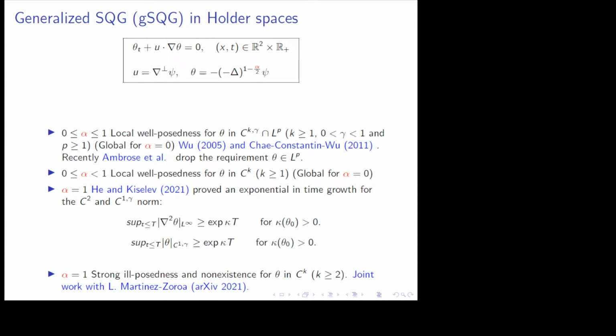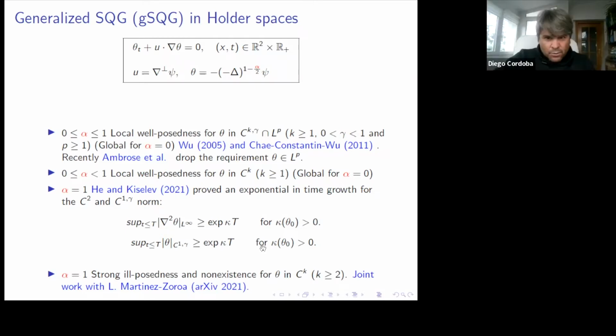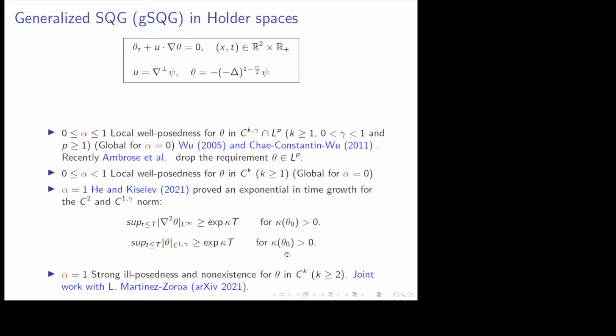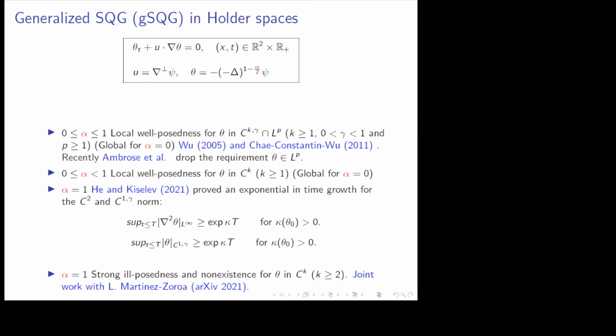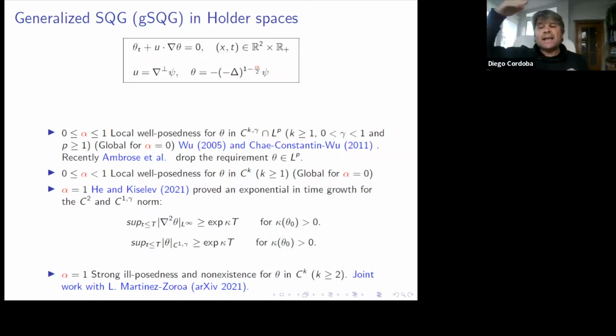Sorry, what is K of theta 0? This is a constant that depends on the initial data. So it grows like exponential of kappa T, and kappa depends on the initial data.